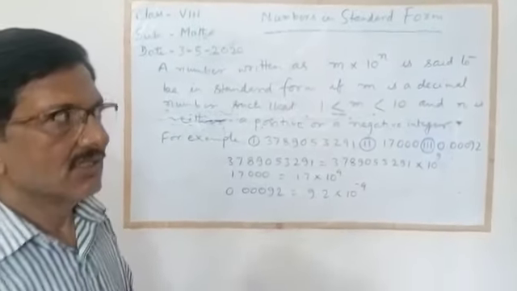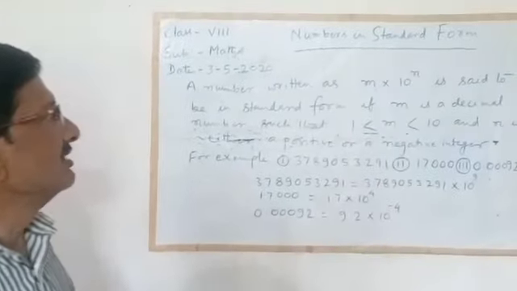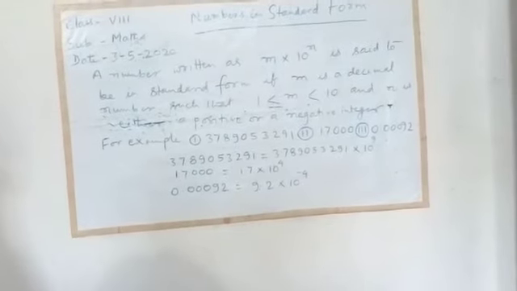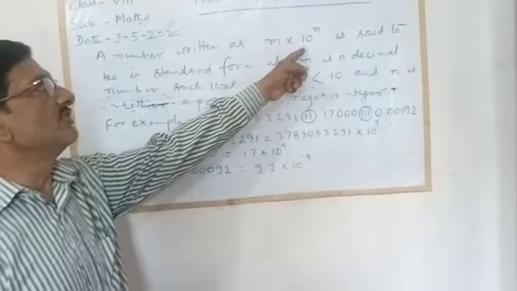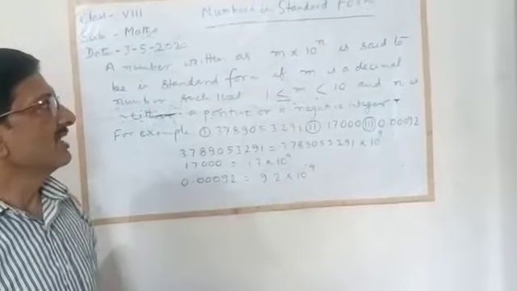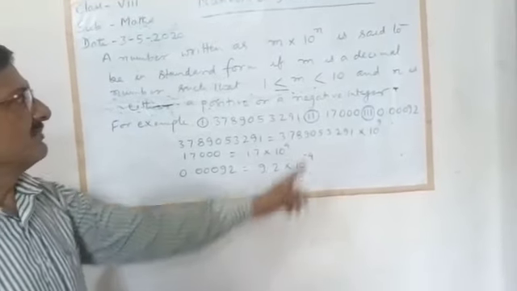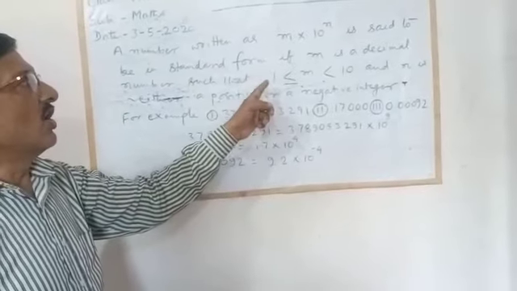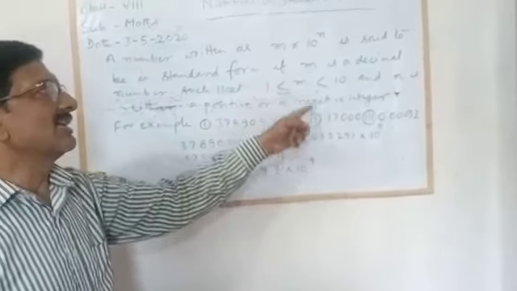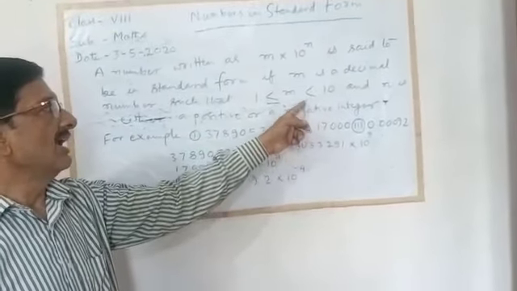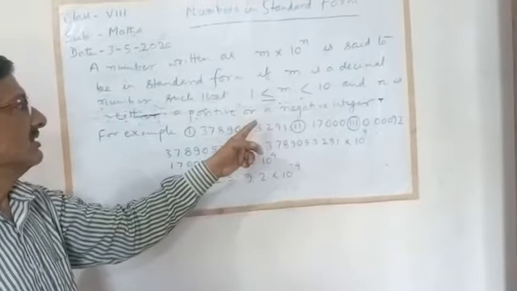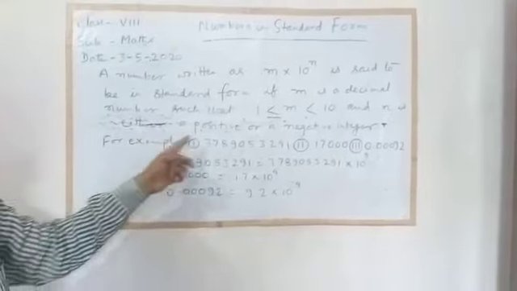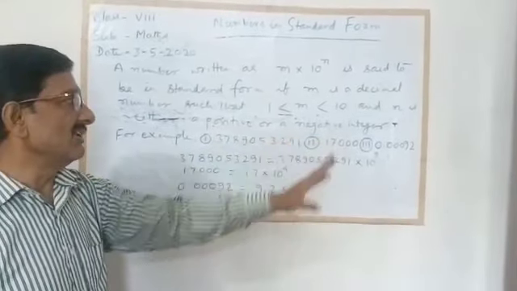The principle is that any number in standard form is written as m into 10 to the power n, where m is a decimal number greater than or equal to 1 but less than 10, and n is either a positive or a negative value.